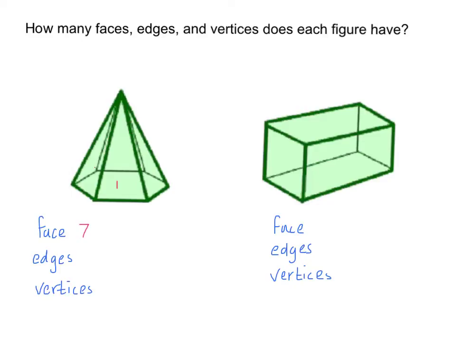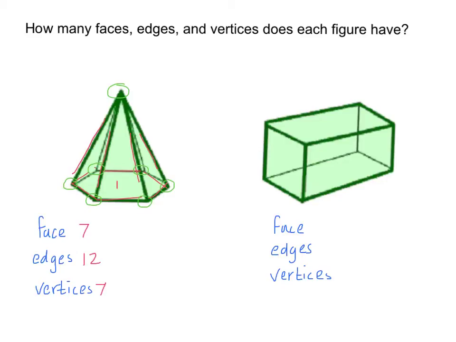Now as far as the edges, I'm going to have 6 edges where each of the faces around the pyramid meet, and then 6 edges on the bottom where each of those faces on the pyramid meet the face on the base. So 6 plus 6 is going to give me 12. Now when I look at the vertices, I'm going to have 6 points around the figure and 1 point on top, which is going to give me 7 vertices.